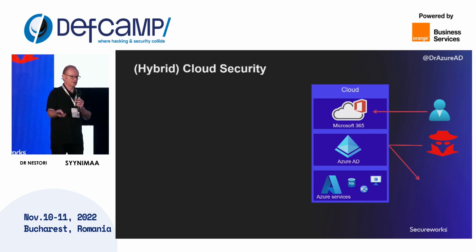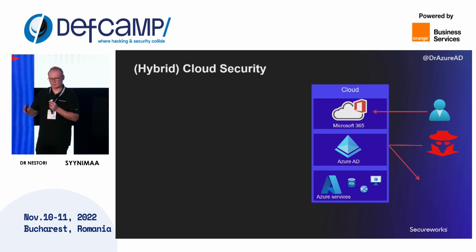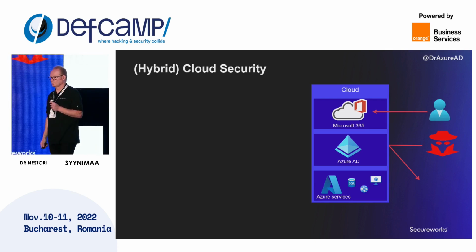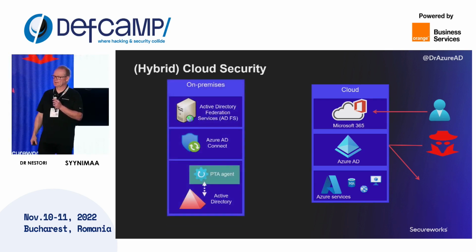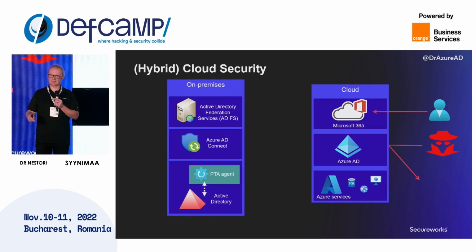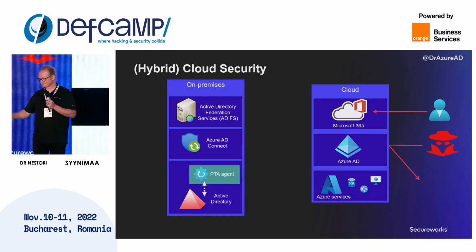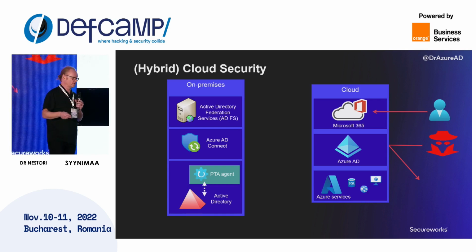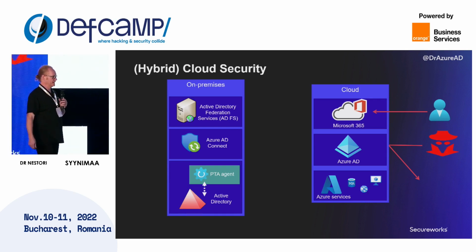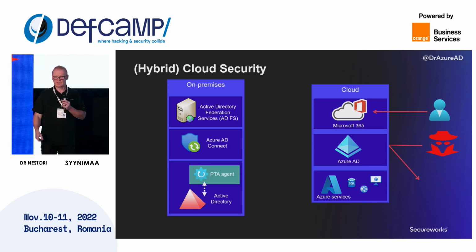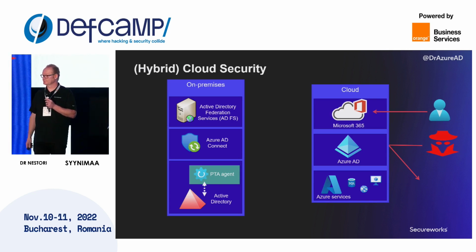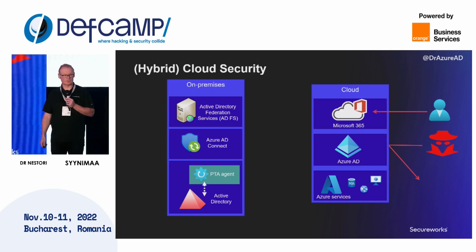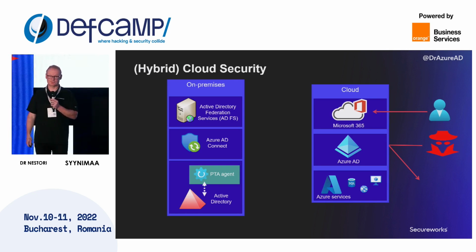If you're using only cloud, it's okay. But most organizations are not cloud only. They are so-called hybrid, which means they are using the same identities in on-prem and in cloud. That's good for admins, because it's easier to manage, with only one set of management tools. It's good for users because you can use the same credentials on-prem and in cloud. And it's extremely good for attackers or threat actors.